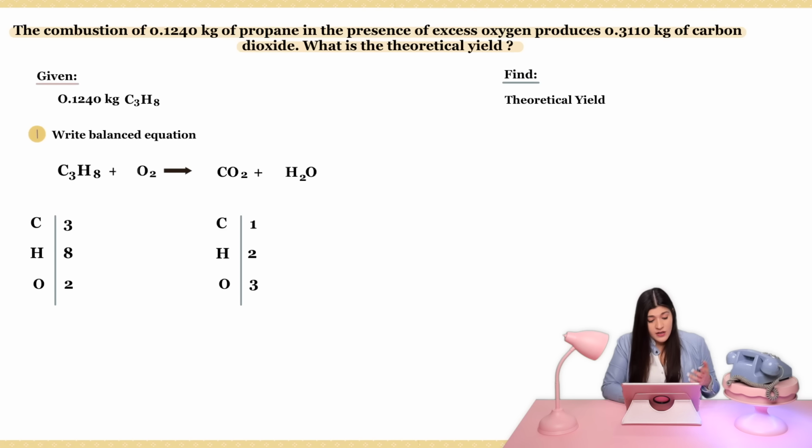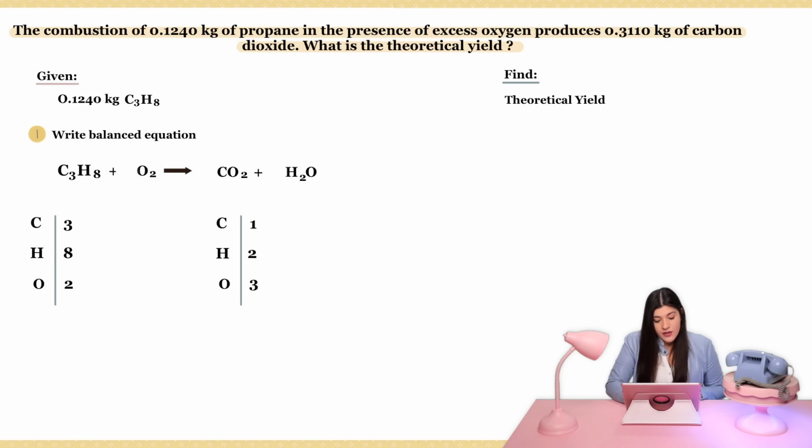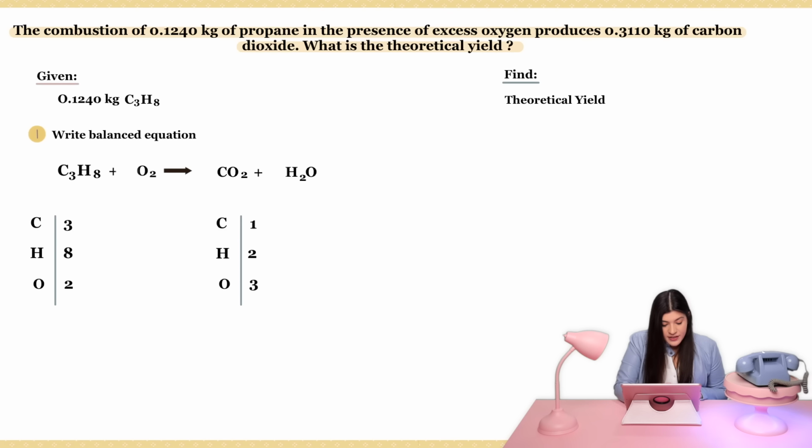So I'm going to start off with carbon. There's 3 carbons here and there's 1 carbon there. So I'm going to place a 3 here so I can turn this carbon into a 3. When I place a 3 coefficient there, what's actually happening is this is distributing. So this 3 is being multiplied to this carbon, and this 3 is being multiplied to that oxygen. So we now have 3 carbons, and we have 3 times this 2 subscript, we have 6 oxygens.